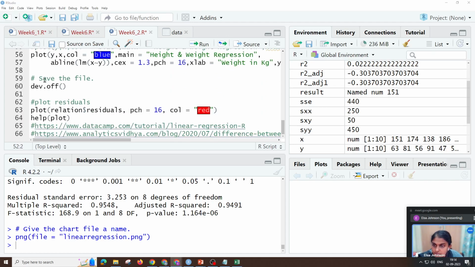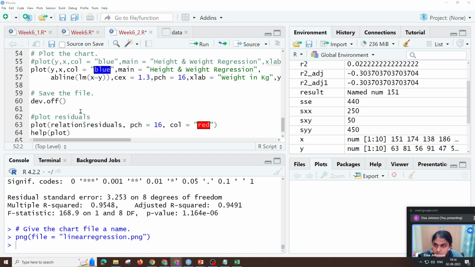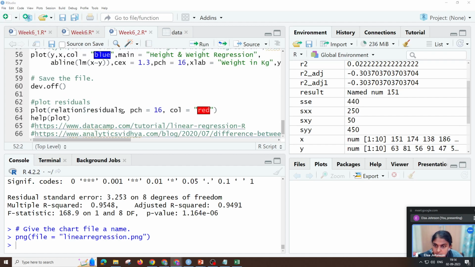Now another way to save the file: if you want to plot the residuals, relation dollar residuals will give you the residuals, then the character size and the color.